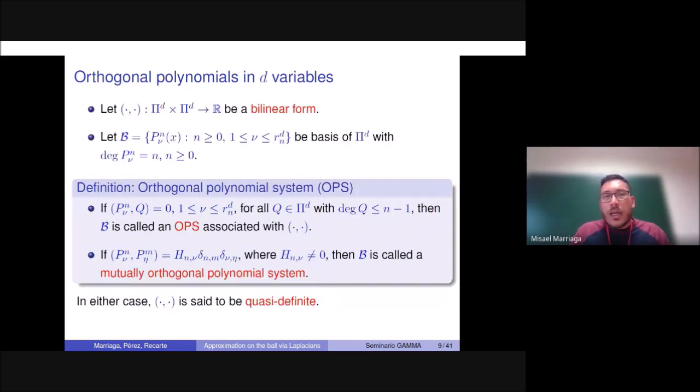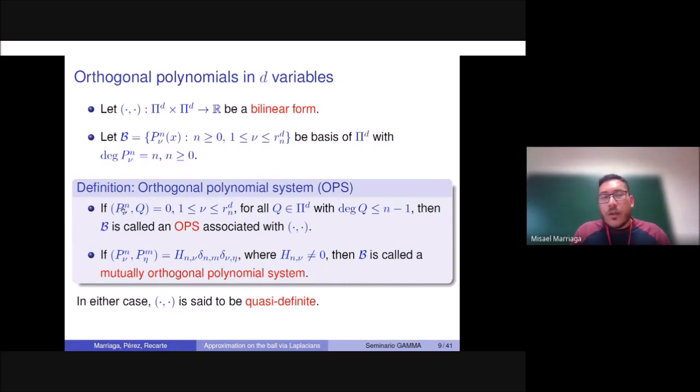Once I introduce a bilinear form, I can define the orthogonal polynomial systems. Whenever I evaluate the bilinear form with a polynomial of total degree d and another polynomial of lesser degree, the value of the bilinear form is 0.